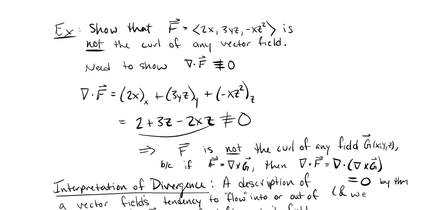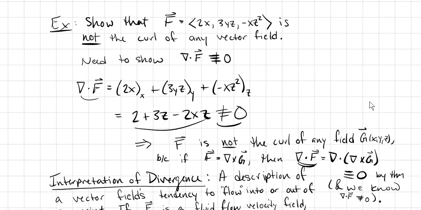And we know that the divergence of F up here did not equal 0. Okay, so not so bad. You're just showing the divergence doesn't equal 0.